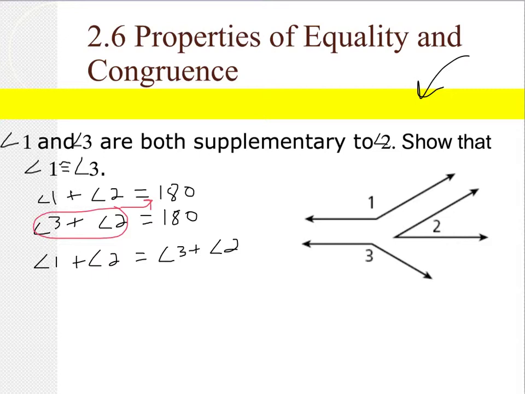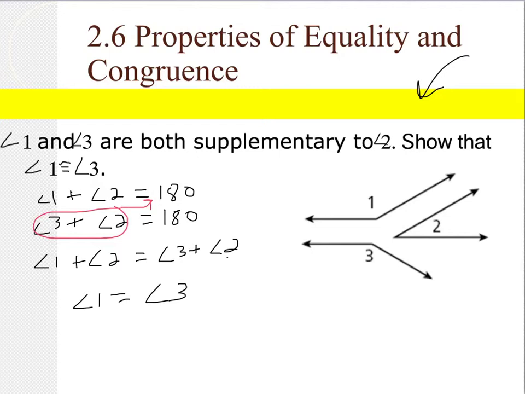Alright, it is going to be your addition property of equality. So we now have angle 1 is equal to angle 3, because when added to angle 2, they are the exact same on both sides. So angle 1 plus angle 2 is equal to angle 3 plus angle 2. That tells me that angle 1 must be equal to angle 3.